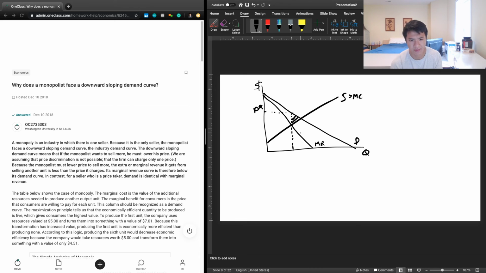But the law of demand tells us that as price goes up for a good, then the quantity demanded goes down, and if the price goes down for a good, then the quantity demanded is going to go up, and that relationship is constant regardless of if the market is a monopoly or if the market is in perfect competition or an oligopoly or in monopolistic competition.